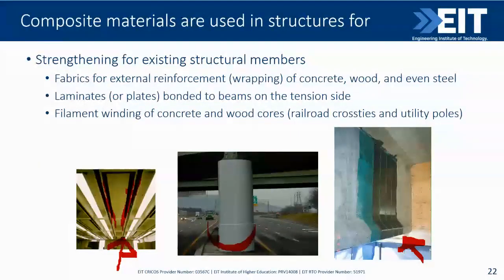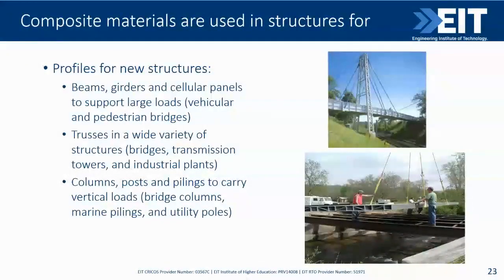That's the second. The third application, which is gaining popularity as well, is the production of profiles of composite materials. So the entire profile of a beam can be made of composite material, which makes it 10 times lighter.